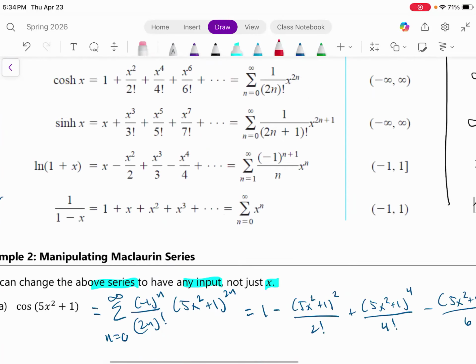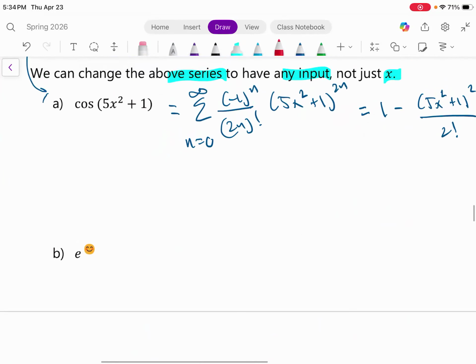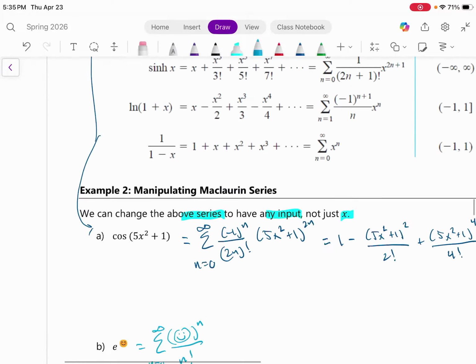We could try another one. It doesn't even have to be an x. It could just be a smiley face, e to the smiley face. So we can say n equals 0 to infinity, smiley face, maybe I'll circle it, raised to the n over n factorial. And where am I getting that from?